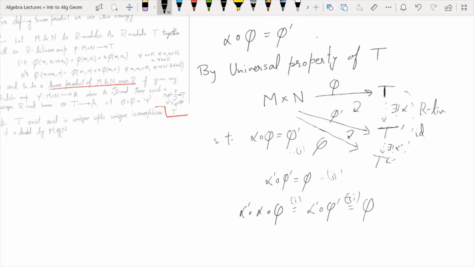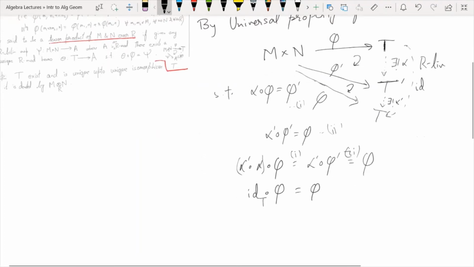So this map, alpha prime composed alpha, is a map such that this outer diagram commutes. So phi followed by alpha composed alpha prime is the same as phi. But of course, identity has the same property as well. Identity of T composed phi is also phi.